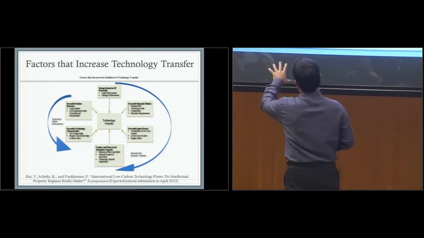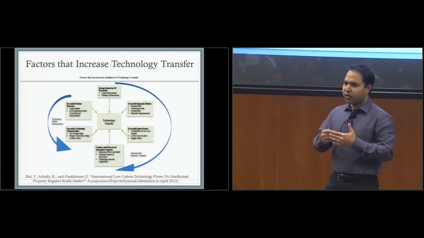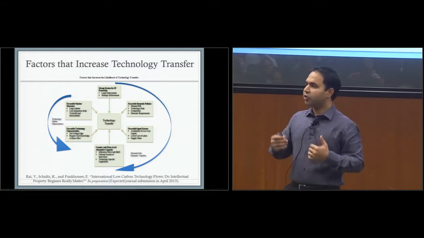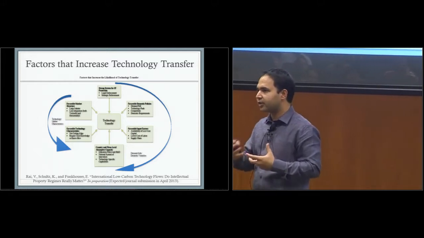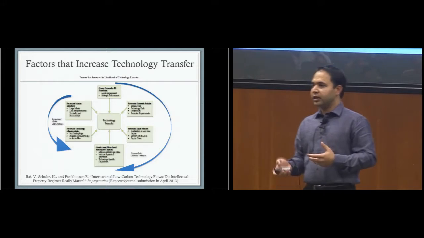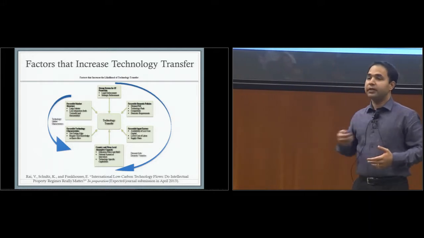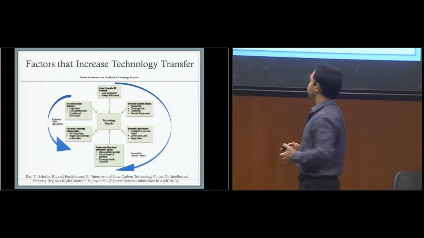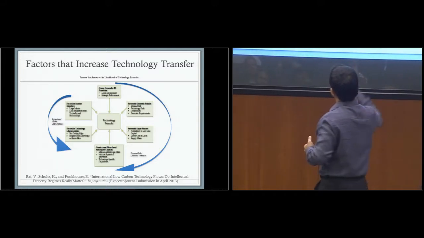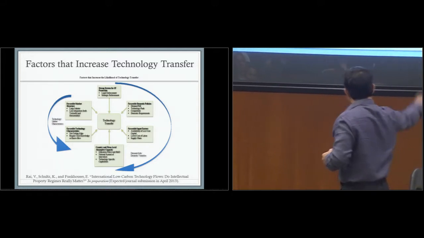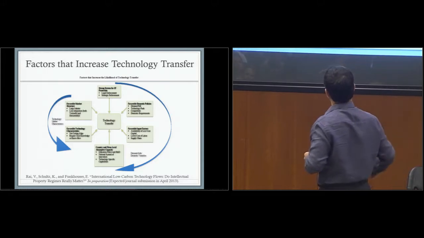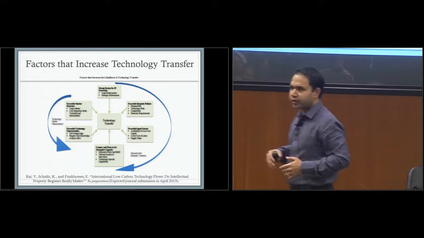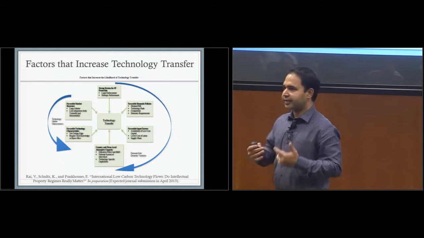And then technology characteristics. How cutting edge is the technology? How much know-how and how much process knowledge does the technology involve? Or is it just a piece of hardware? These all are actually very important. I'll point out how they are important. Then the arc here, the 4 boxes, are more on the country characteristics or demand side characteristics.